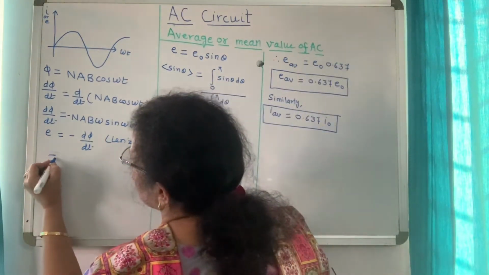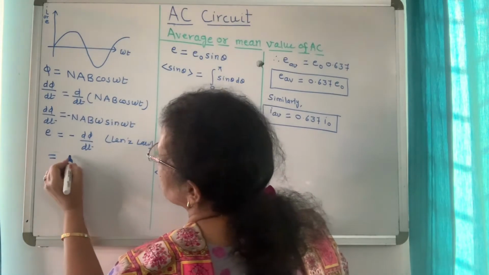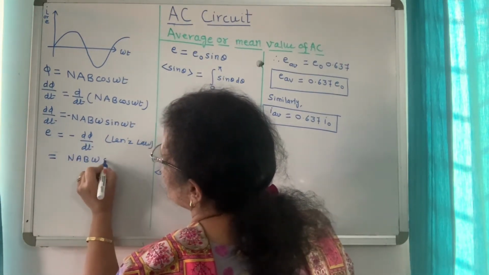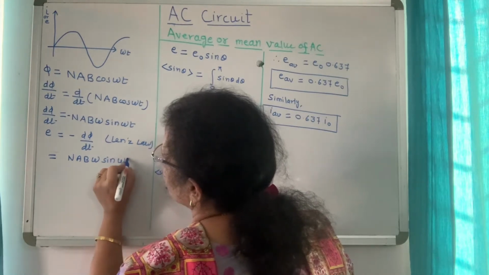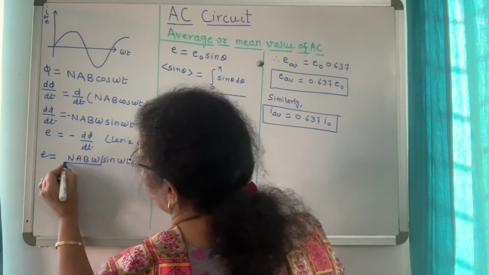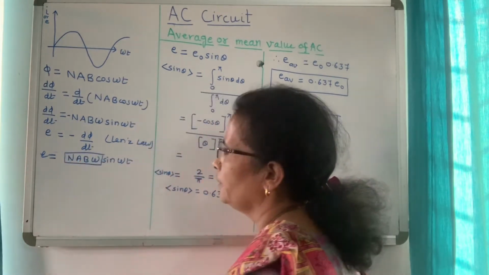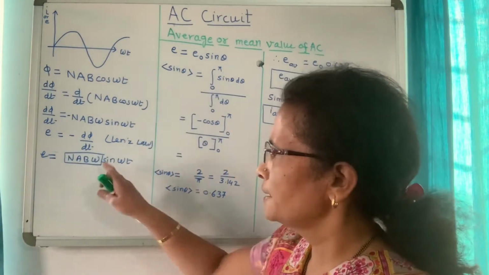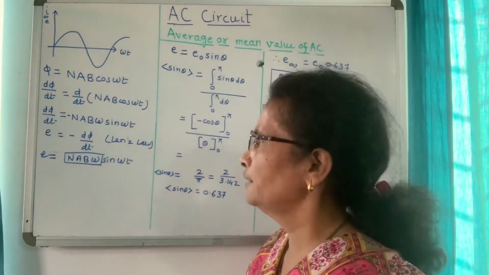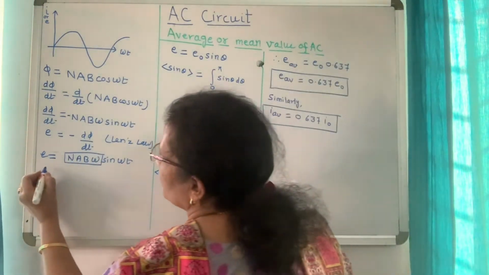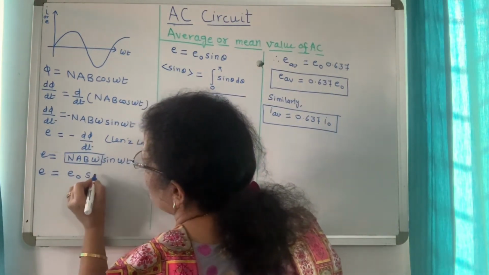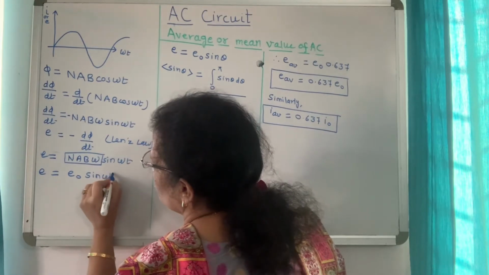So substituting this, the minus will be plus, it will be NAB omega sin omega t. This is E. Now see this thing, NAB omega, omega is the angular frequency. All these four quantities are constant, and we will replace them by the symbol E0. E is equal to E0 sine of omega t.